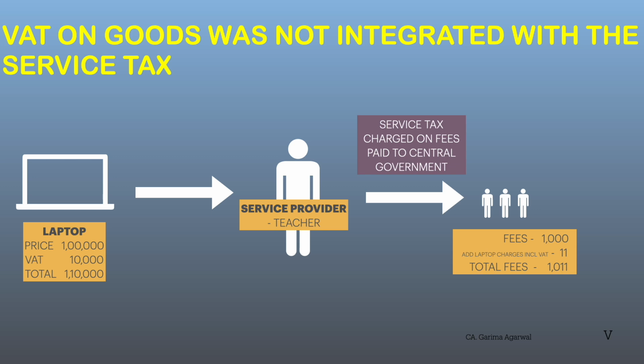A tax paid on one side of the wall could not be used to offset the liability on the other side, resulting in a cascading burden. If we see the example below, the teacher, who is the service provider, is not able to claim input tax credit on the laptop, which being an input good was purchased by him to deliver the teaching services. Ultimately, his teaching services or the fees became costlier due to such VAT cost forming part of his overall costs.